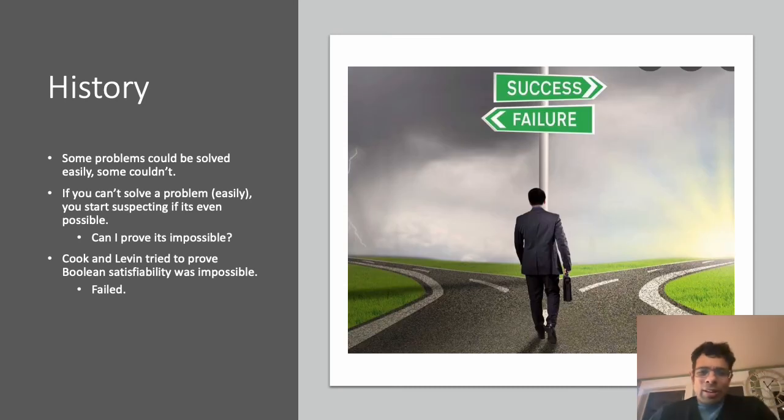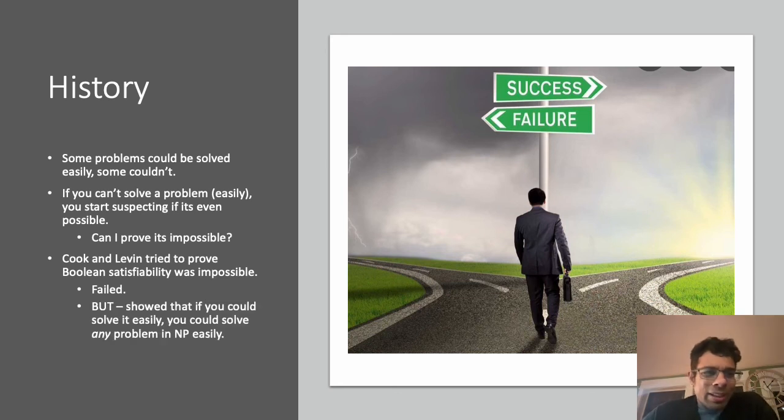But they got another result that was maybe even more incredible. They showed that if you could solve this problem easily, you could solve any problem in the set NP. And again, remember the set NP is all problems verifiable in polynomial time. So all problems in NP could be mapped to this one problem, Boolean satisfiability, in polynomial time. So if you could solve this problem easily, then all those problems could also be solved in polynomial time, which was a pretty remarkable result.